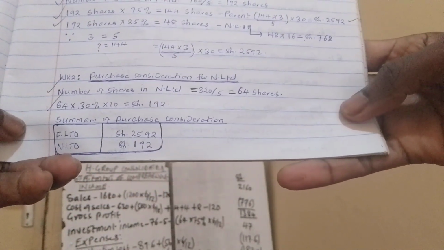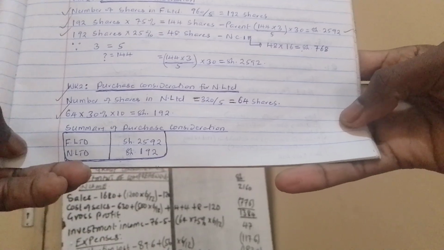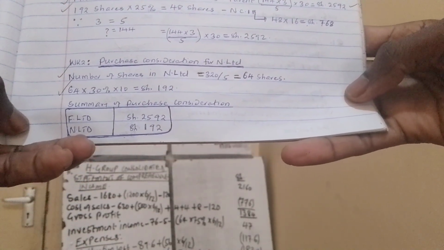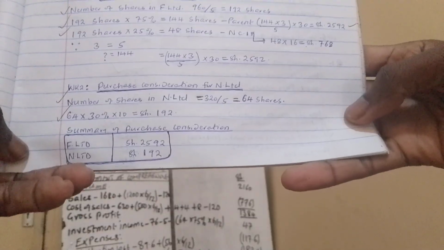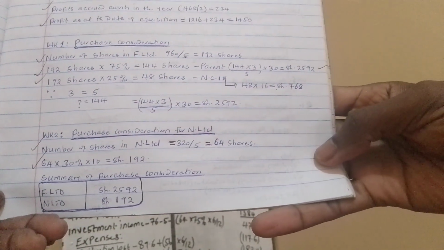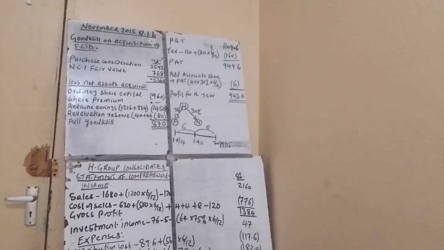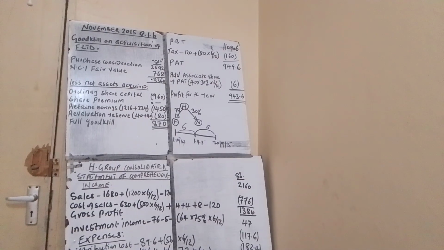So you can see my summary of purchase consideration. For F Limited is 25.92, for N Limited is 192, and also for the NCI we paid 768. So that is the analysis for that particular portion.